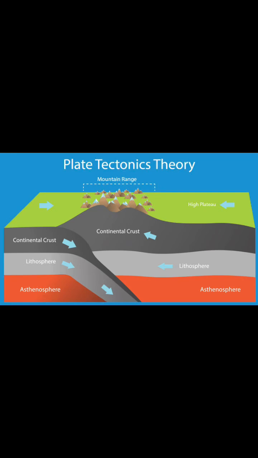Plate tectonics, from Latin tectonicus, from ancient Greek tectonicus, is the scientific theory that Earth's lithosphere comprises a number of large tectonic plates, which have been slowly moving since 3 to 4 billion years ago.